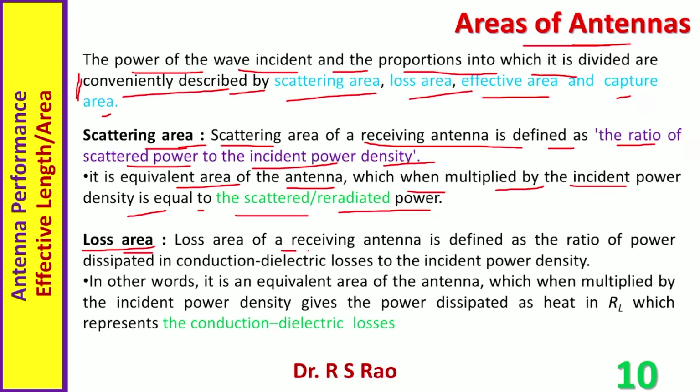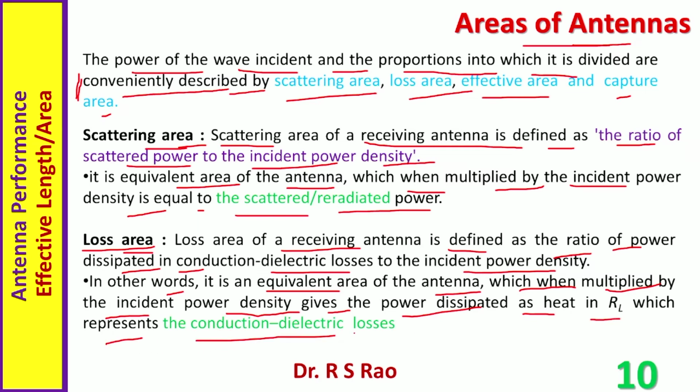Loss area of a receiving antenna is defined as the ratio of power dissipated in conduction and dielectric losses to incident power density. In other words, it is an equivalent area of the antenna which, when multiplied by the incident power density, gives power dissipated as heat in RL, which represents conduction and dielectric losses.